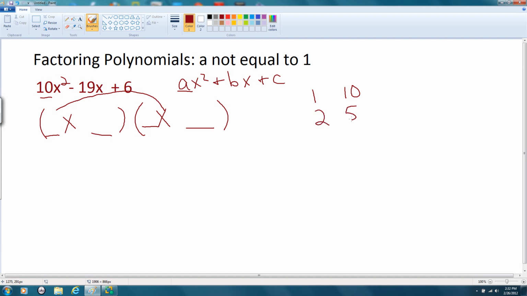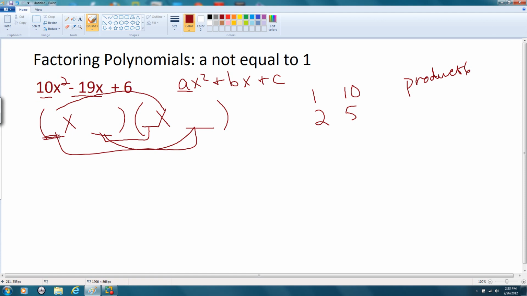But then we also have this other problem here that we always had before: these two things multiplied together are going to have to equal 6, so their product is going to need to be 6. And we also know that this middle term here needs to be negative 19. But here it has input from this and this and this and this.